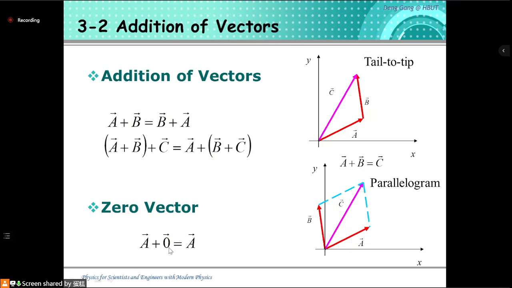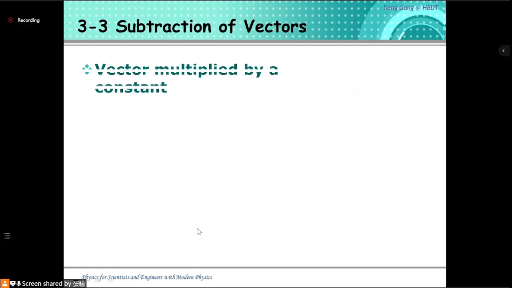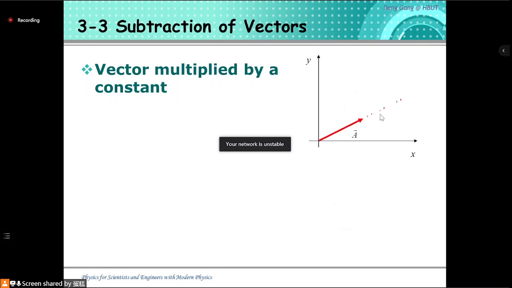So A plus negative A is the zero vector. And sometimes you need to calculate a vector multiplied by a number, like A is, 2A.